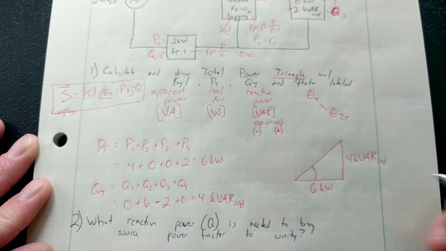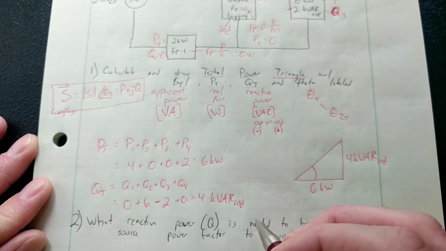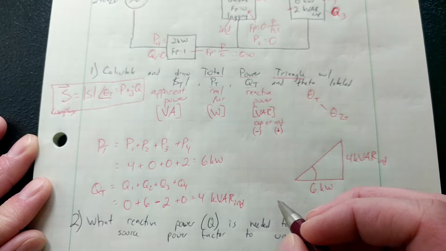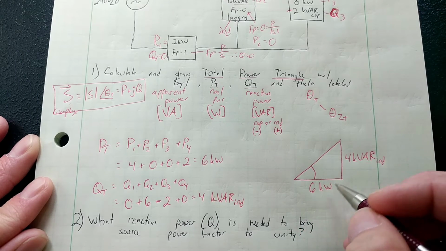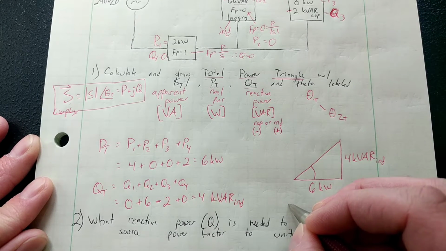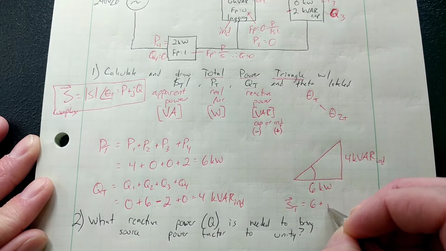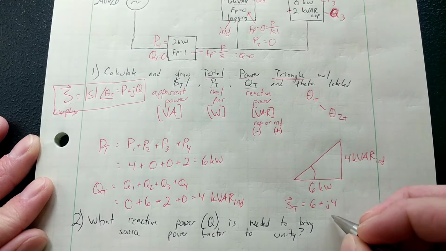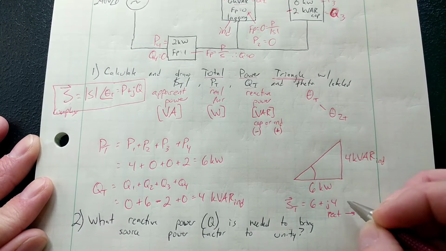The last two pieces I'm missing are theta and apparent power. Now, you can solve for those using the power factor, or 6 squared plus 4 squared and the square root. That still works. For myself, I prefer to just write the complex total power, 6 plus j4, in my calculator. Go from rectangular to polar.